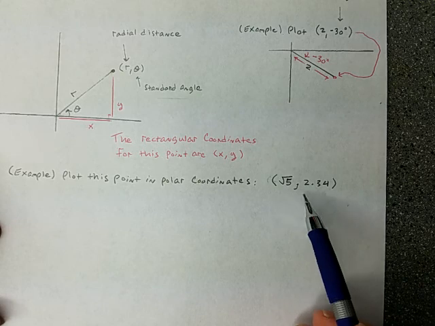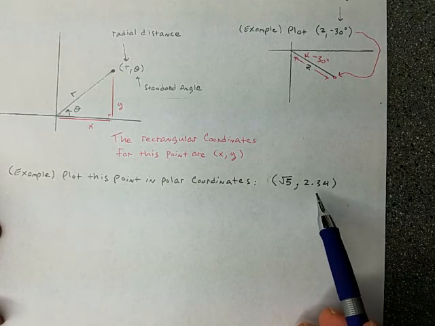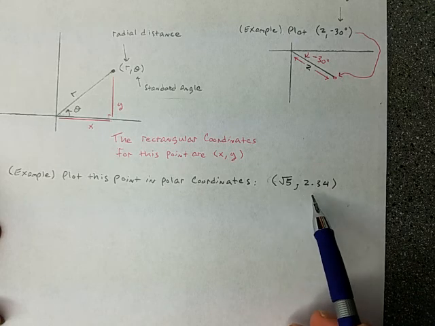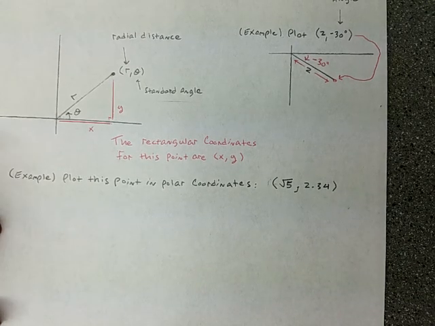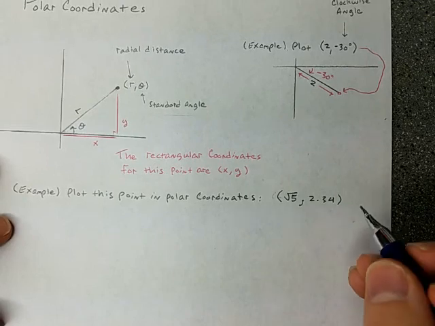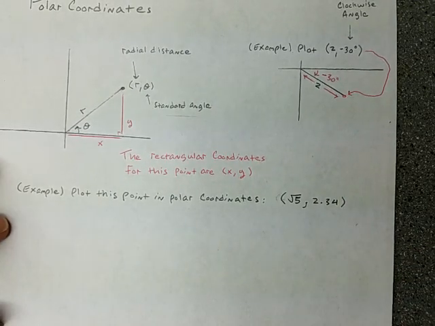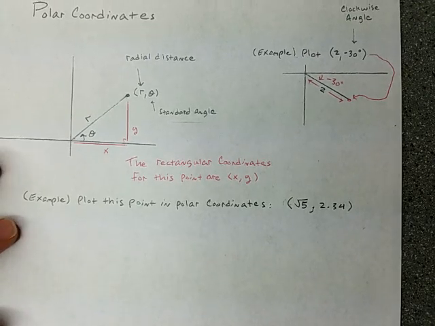It could mean this is x and that's y, or if it's polar coordinates, this is r and that's theta. So I would need to tell you that; it would be incomplete information if I didn't.